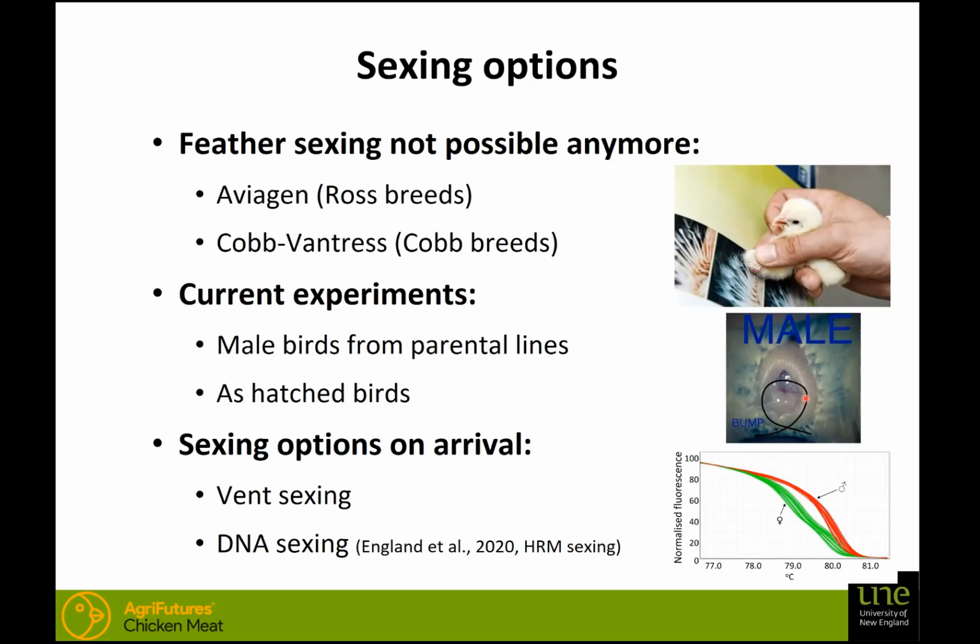Another way is DNA sexing, where you get just a feather and extract DNA from the feather to run PCR. Here, we set up a high resolution melting curve analysis, which is pretty simple and can be done at large scale, so you can tell the difference between male and female through the melting curve. This paper is nearly published in Poultry Science.